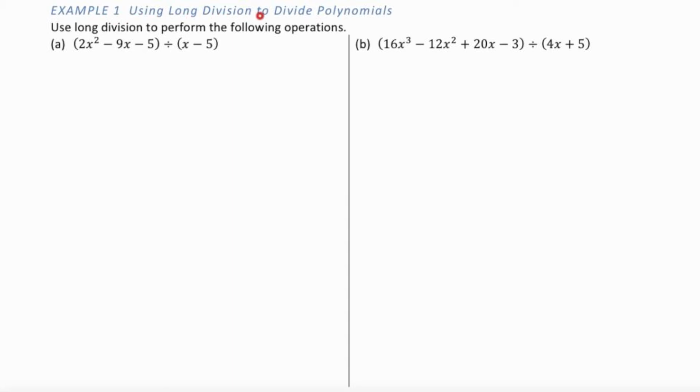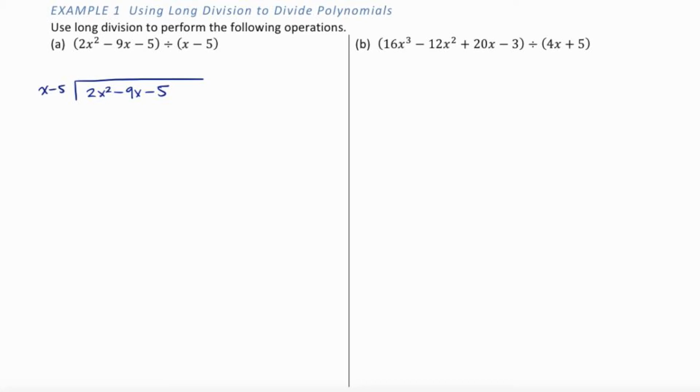Example 1, using long division to divide polynomials. Use long division to perform the following operations. So let's go ahead and write out our divisor x minus 5 outside of this division table. Inside we write our dividend, 2x squared minus 9x minus 5.